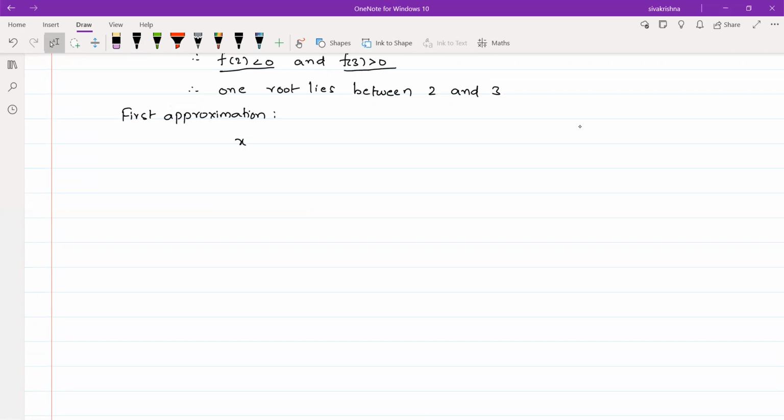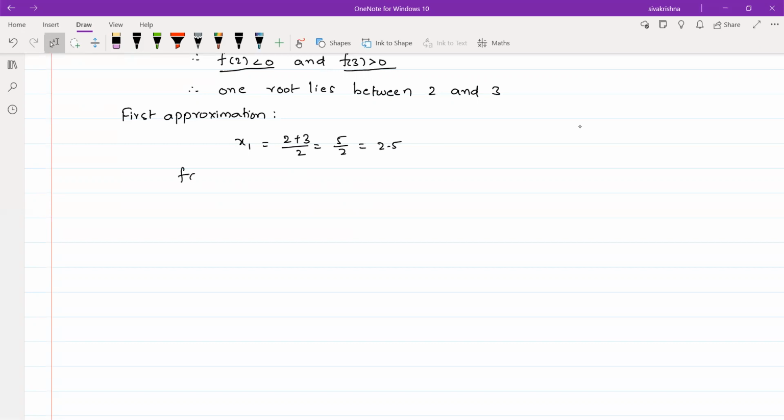The first approximation is denoted by x1, and x1 is nothing but the average of the two numbers which are having opposite signs, and those are 2 plus 3 by 2, which is equal to 5 by 2, and 5 by 2 is nothing but 2.5. So the first approximation is 2.5.